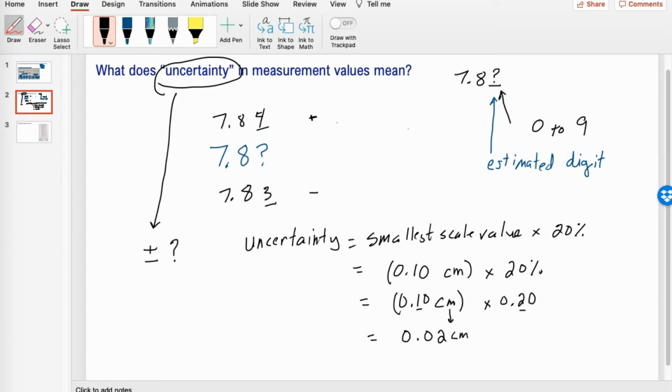And remember, uncertainty is plus or minus this calculated value. So our uncertainty for this tool that we're working with is plus or minus 0.02.